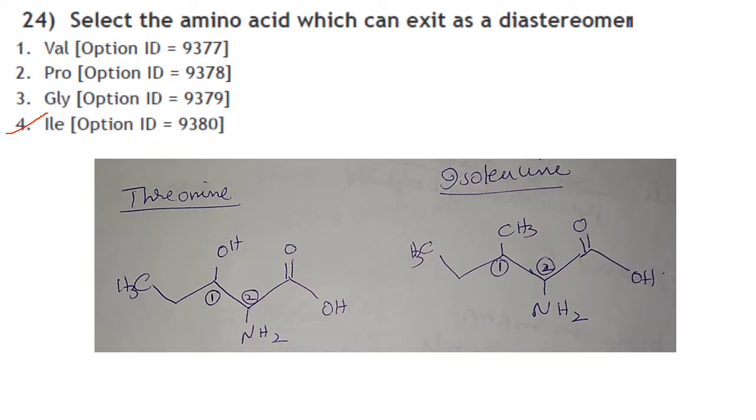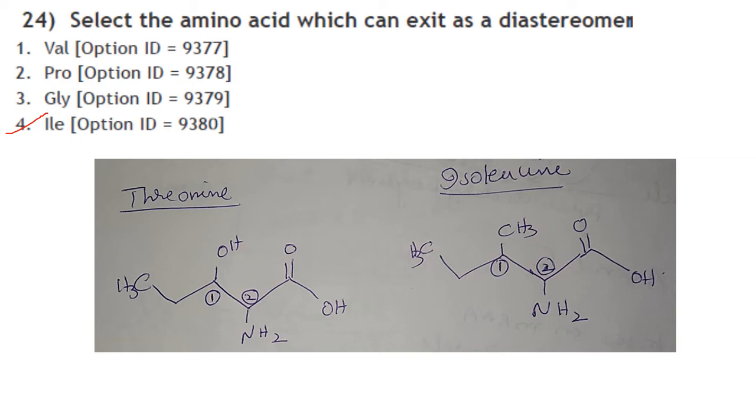Then select the amino acid which exists as a diastereomer. So diastereomers, they are not mirror images of each other. They are present in those molecules that have more than one chiral carbon atom. So out of these options given below, isoleucine is having more than one chiral carbon atom. Glycine doesn't have a chiral carbon atom.